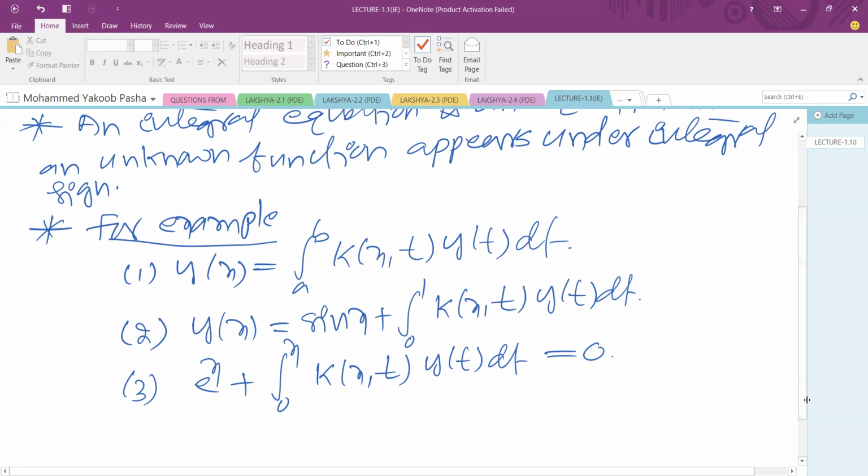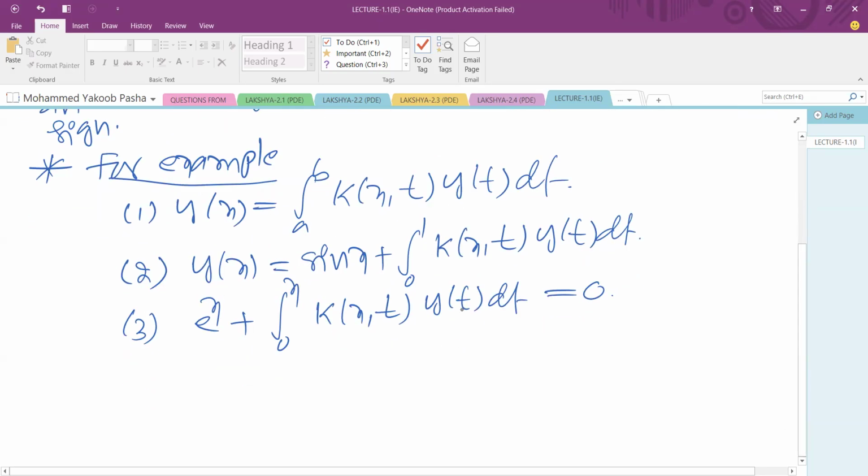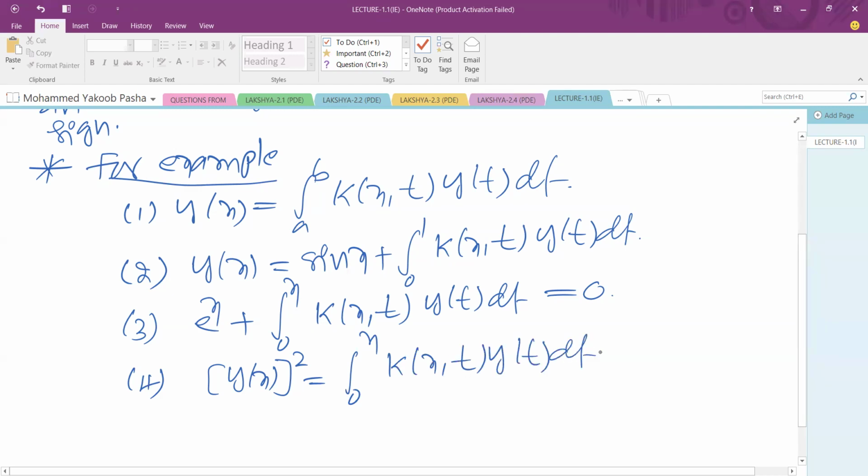Here y of t is the unknown function which appears under the integral sign, so it is an example of an integral equation. Similarly, we can take another equation: y of x whole square is equal to the integral from 0 to x of k of x comma t into y of t dt. These are examples of integral equations.